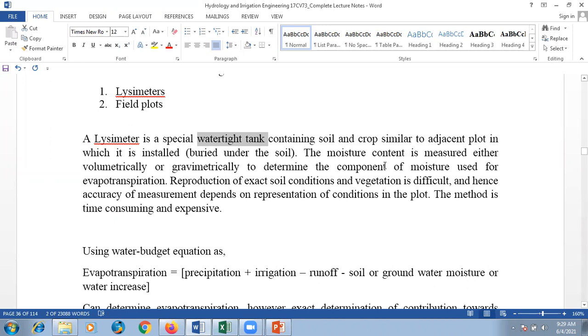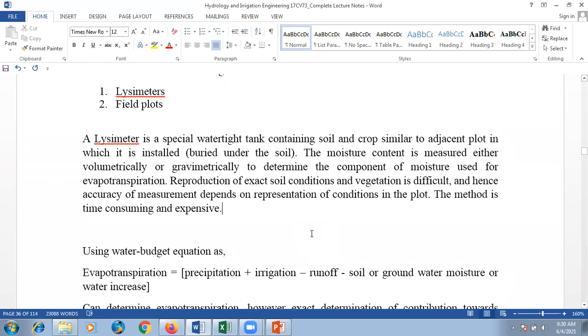So that interval of time is also noted, based on which it is possible for us to determine the evapotranspiration needs of the plant. So that is one of the best ways to do it under controlled conditions using a lysimeter.